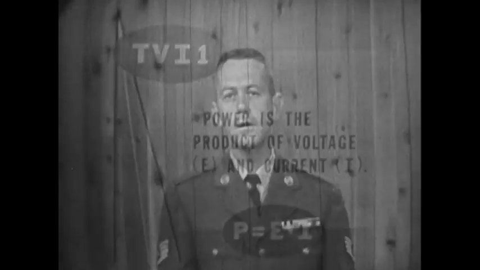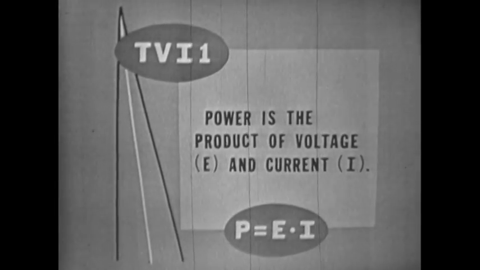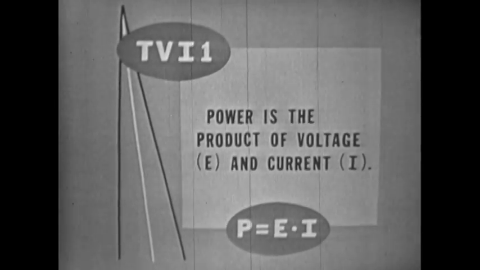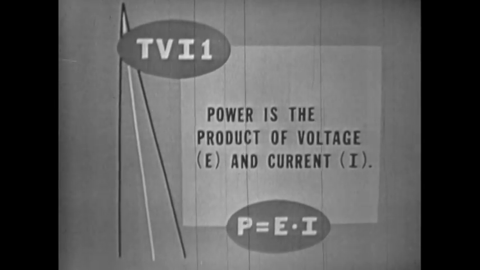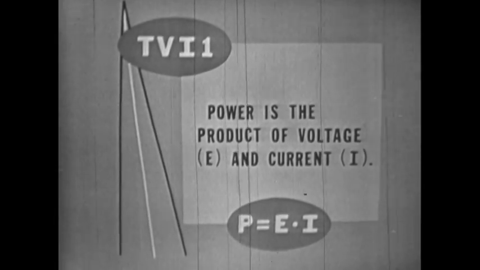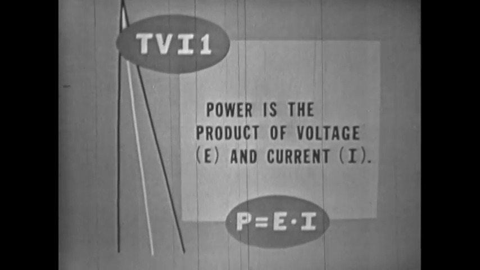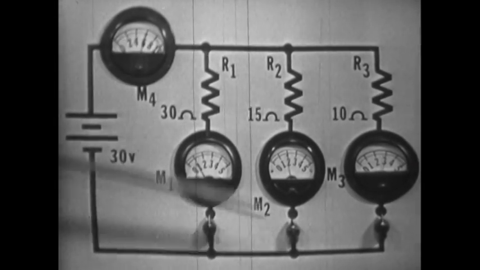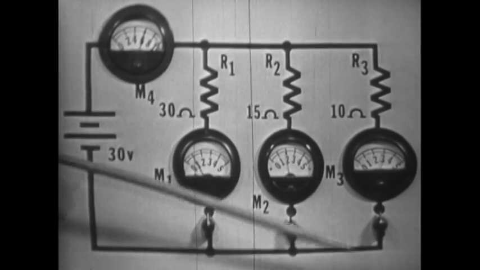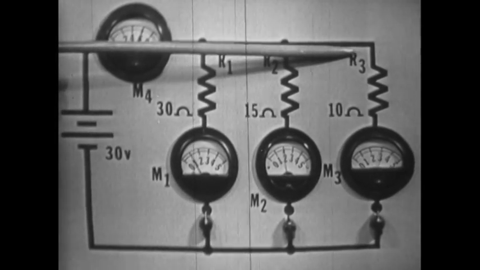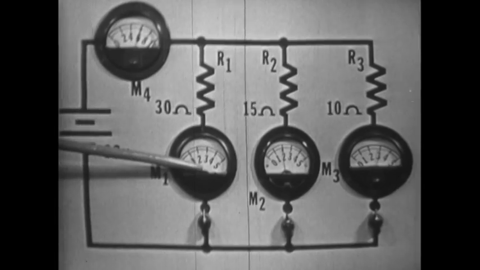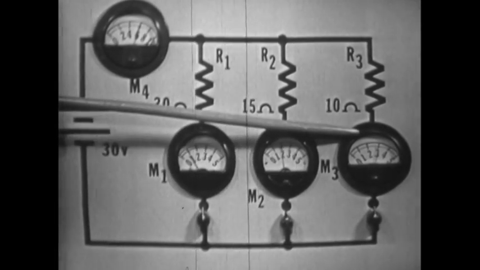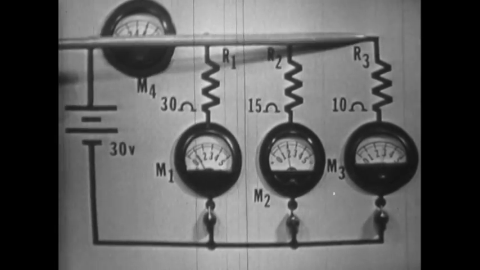Let's see what we've learned about DC power in a parallel resistive circuit. First, we found that in any circuit, power is the product of voltage and current. Second, we found that there's always more than one path for current in a parallel circuit. We found that each branch current is used to determine the power dissipated by that particular branch.